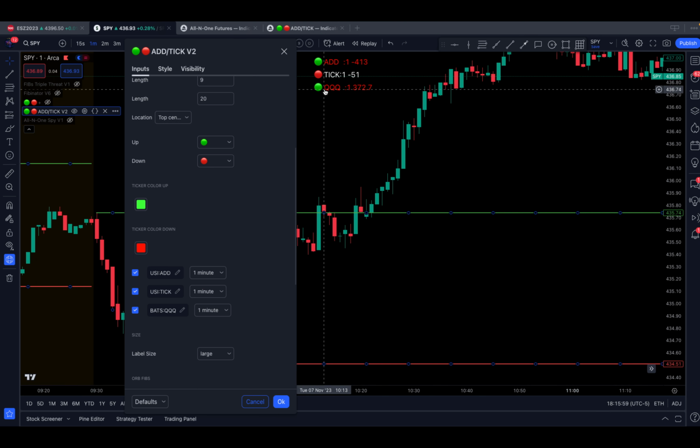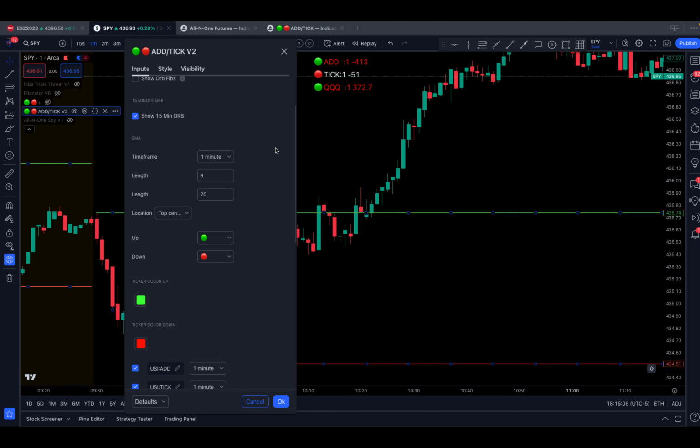On the 1 minute tick, the tick is actually red. The 1 minute Qs is actually green. So up here now, the time frame's still set for 1 minute, but this means when the 9 is above the 20, the name of it is going to be green. When the 9 is below the 20, the name of the ticker is going to be red.